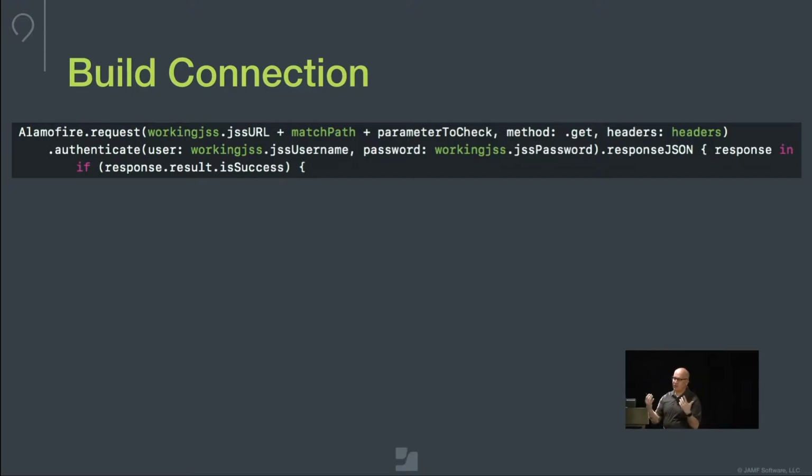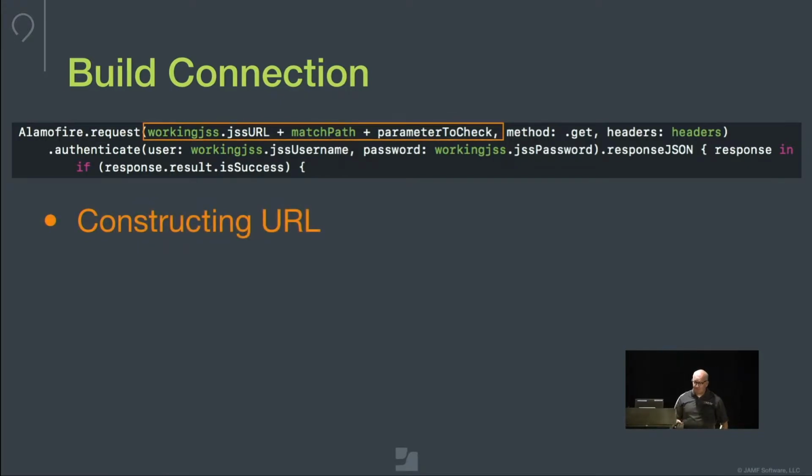But let's walk through here building the connection. So in Alamofire, we first need to build the URL. We're using variables here, the base URL and the API endpoint that we're using, and then the XML that we're going to send, well, that gets later. The parameter that we're going to check as part of that URL.